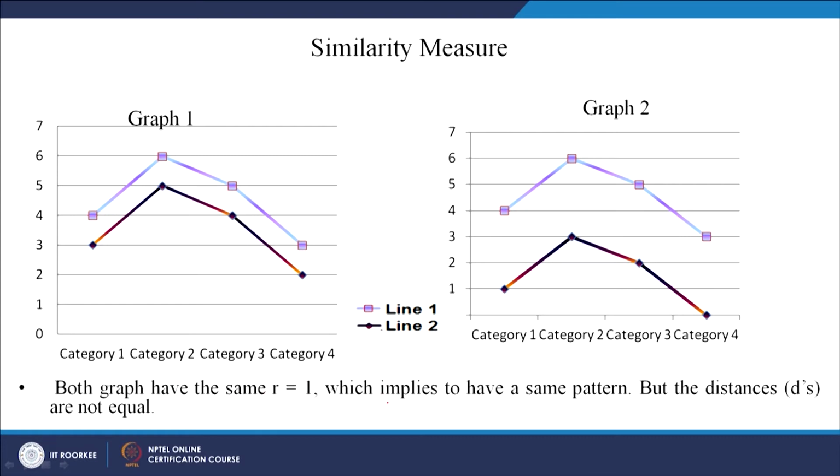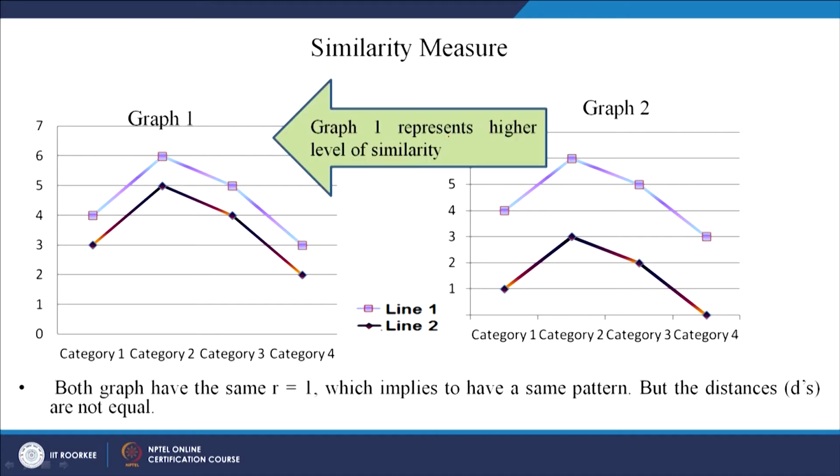But if you look at the distance between the points, you can very easily see that in this case the data points are much farther from each other. So graph 1 represents a higher level of similarity.